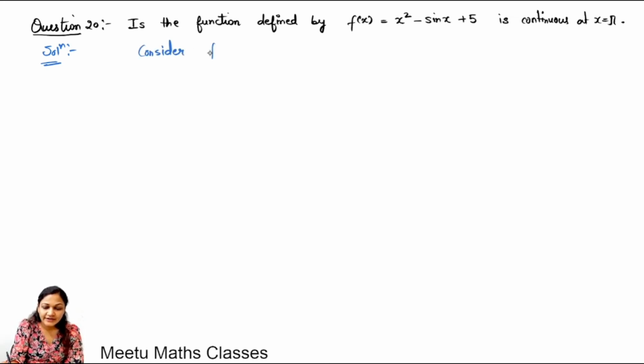Your function f(x) is x square minus sin x plus phi. Okay, now consider x square. X square is a polynomial, and being a polynomial, it is continuous everywhere.